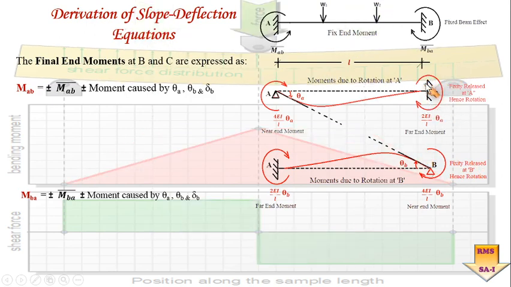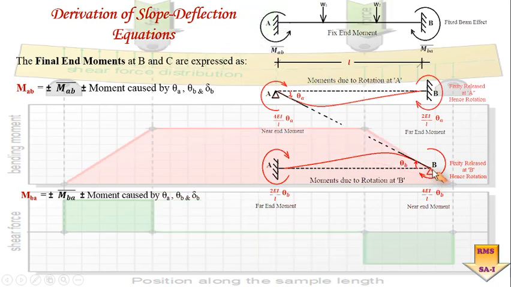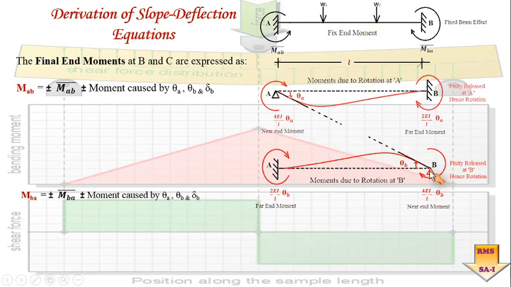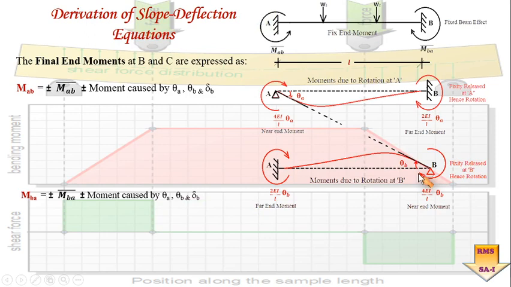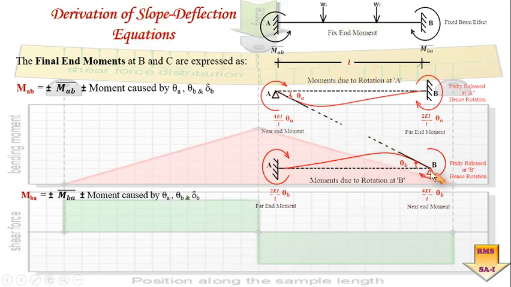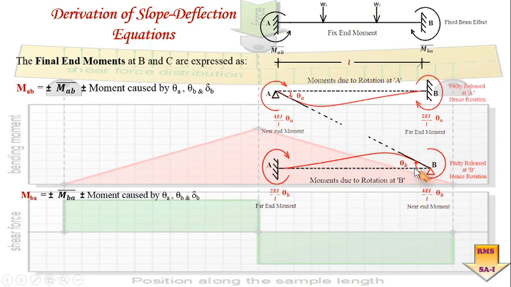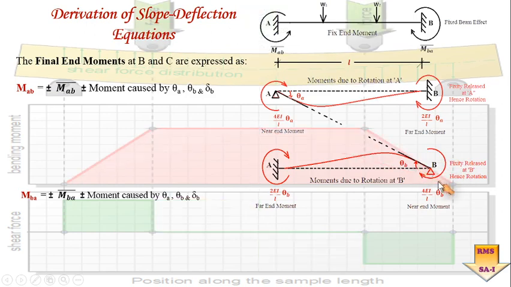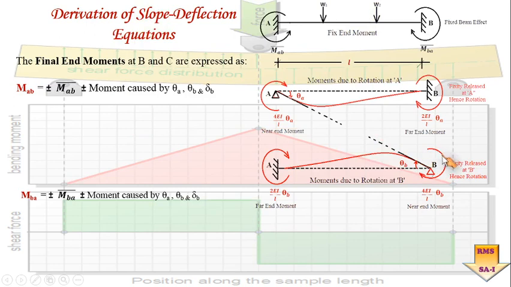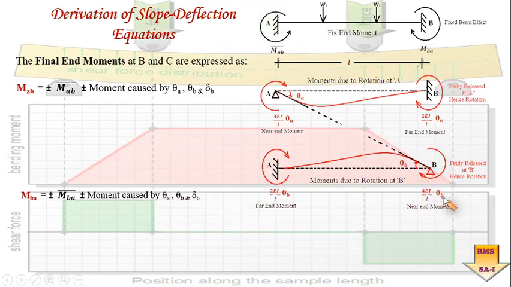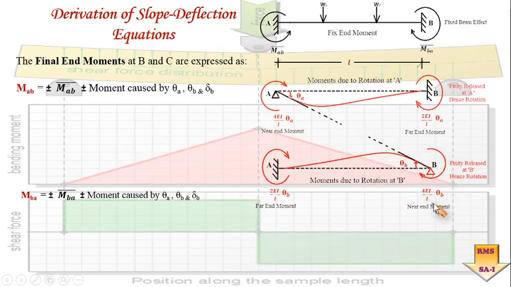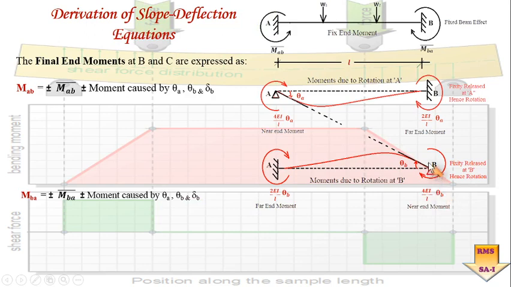It is assumed that it has been released and substituted by the hinge, because unless a hinge is there it is not going to allow the rotation. Due to the assumed hinge support here, it is allowing the rotation about point B, and because of this rotation displacement in the clockwise sense, there will be a moment introduced into the joint under consideration.